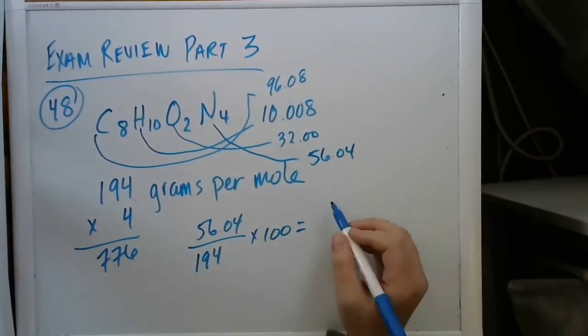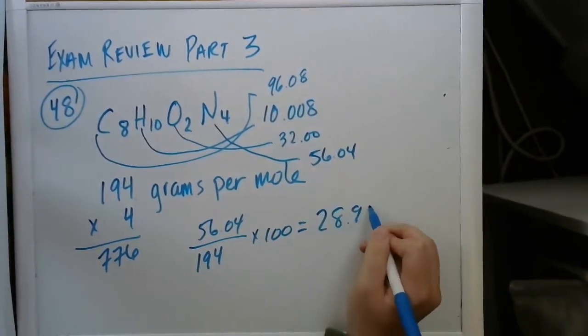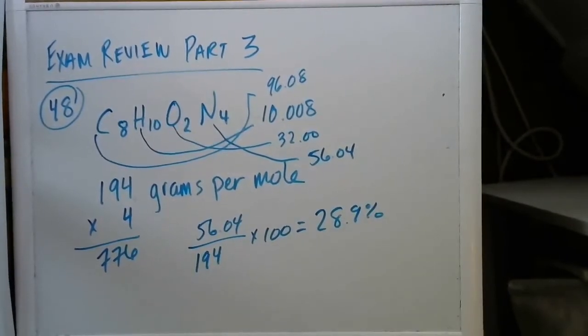Okay, so that's like 28.9% nitrogen by mass. Perfect, that's what it said in the question. One mole of caffeine has 6.022 times 10 to the 24 hydrogen atoms.